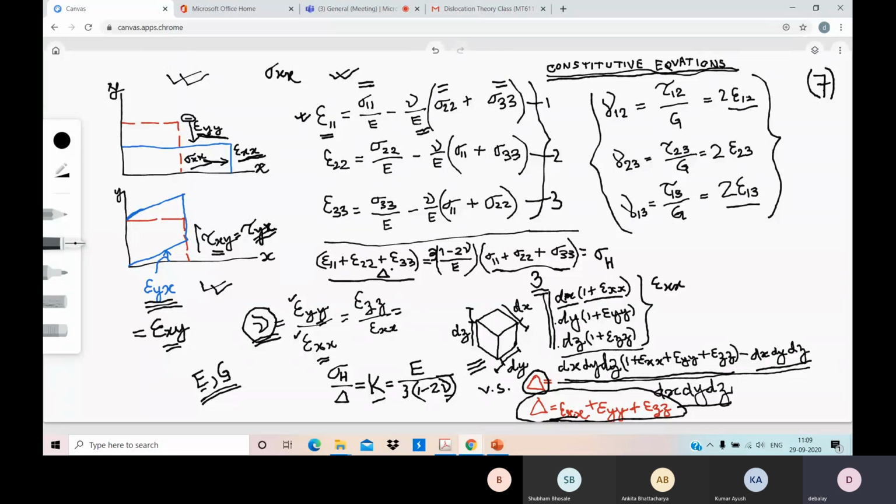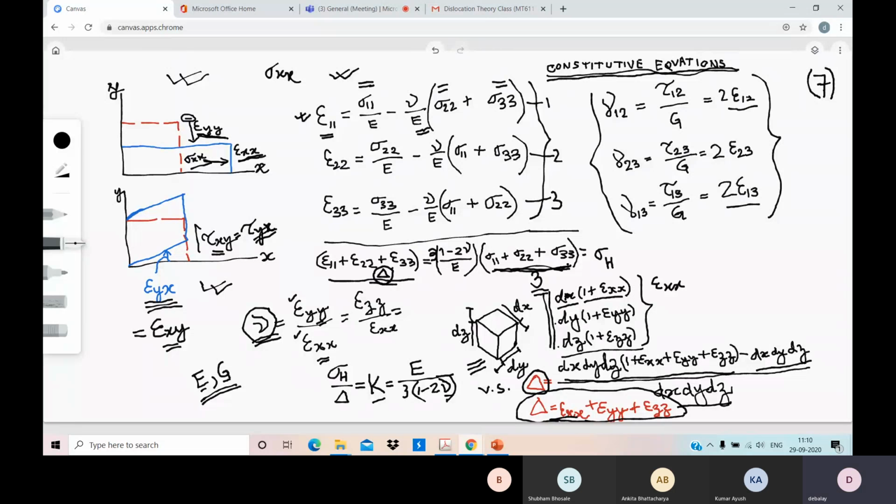Now, in elastic deformation, a small amount of volume change can be permitted. But in the case of plastic deformation, we know that volume remains constant. So the delta term will become 0. The total volume strain will become 0. If these terms become 0, it is not necessary that sigma 11 plus sigma 22 plus sigma 33, the sum of the normal stresses, be 0.